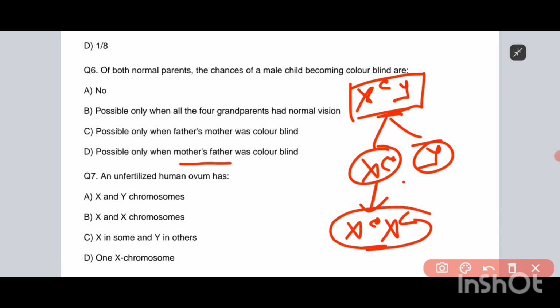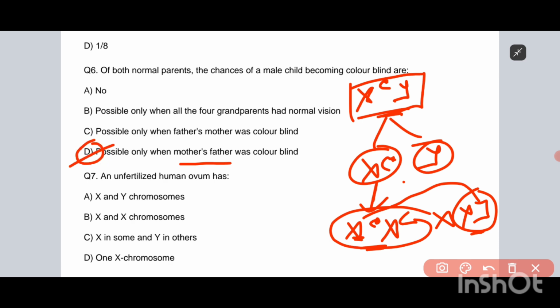So his daughter will remain a carrier, and when his daughter marries a normal male, there is a 50% chance of a son becoming colorblind. The chance of a male child becoming colorblind is only possible when his mother's father was colorblind. So option D is the correct answer.